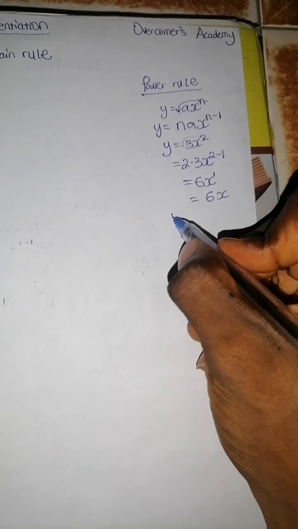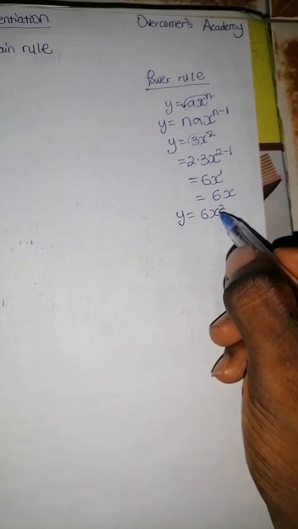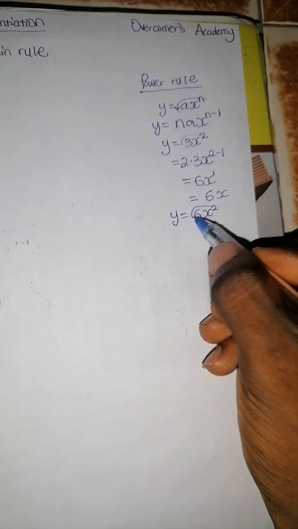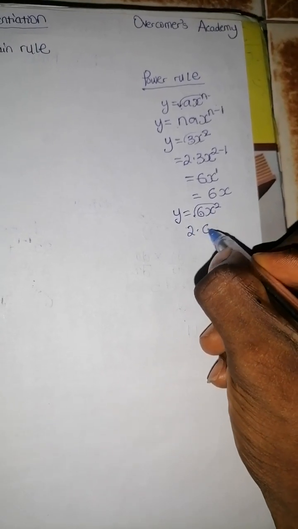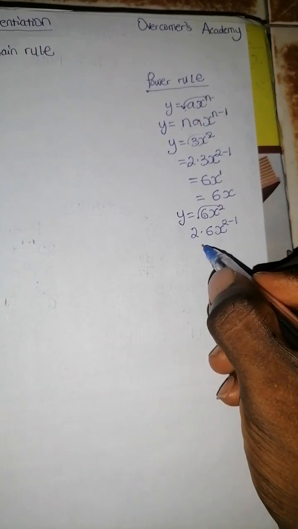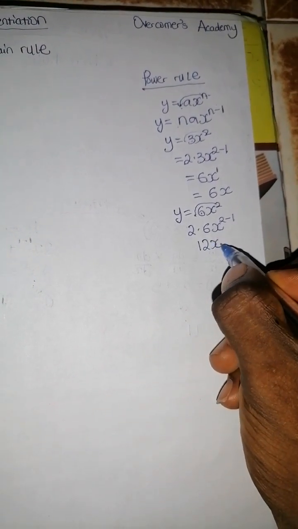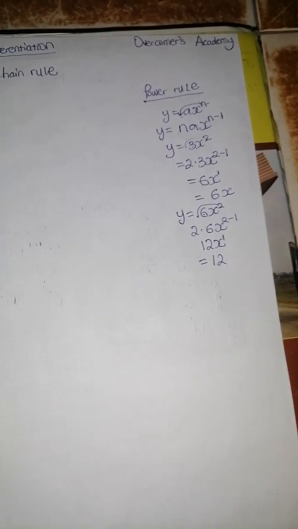Very easy. I'll try that again. Let's solve something else. y equals 6x squared. So again, the 2 comes down here, multiplies the 6. We have 2 times 6x raised to the power of 2 minus 1. We have 12x raised to the power of 1, which is the same thing as 12x. Okay, have you seen? Very simple.